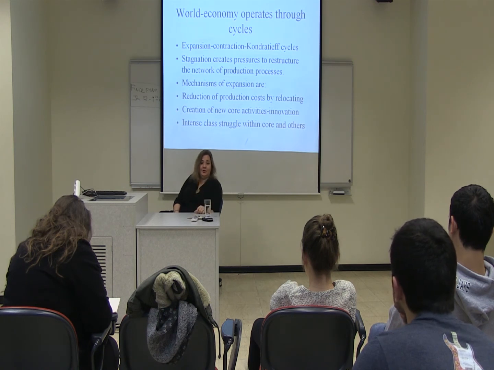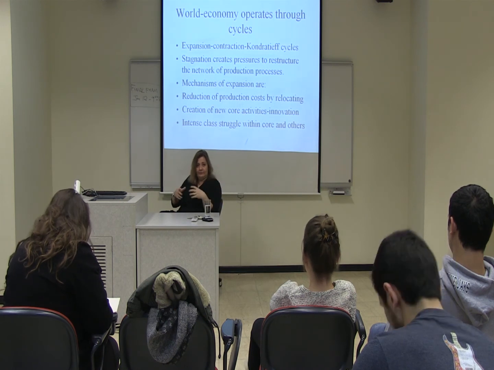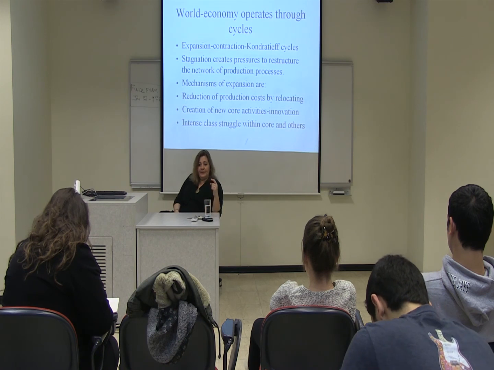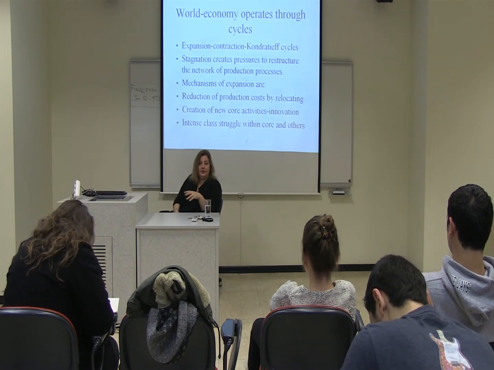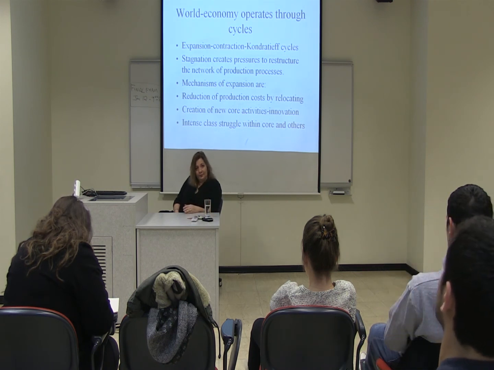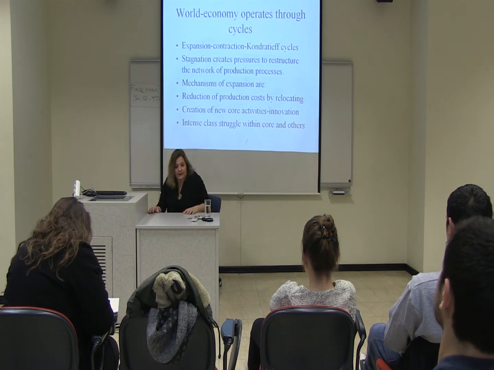avenues of economic growth. Now, Kondratiev cycles basically tell you that economic growth is not constant, but the locomotive, the engine of economic growth in one period to the other also changes, which in return explains why cores change. Okay? Who becomes a core depends upon the cyclical pattern of the world economy.